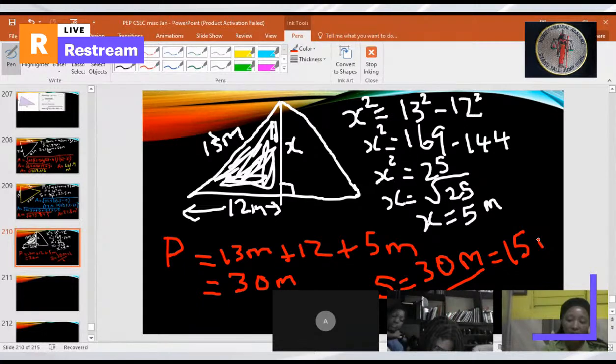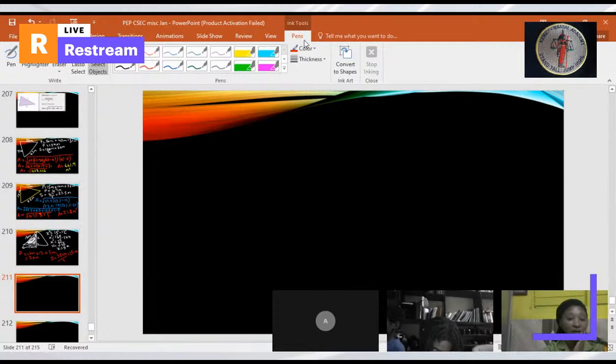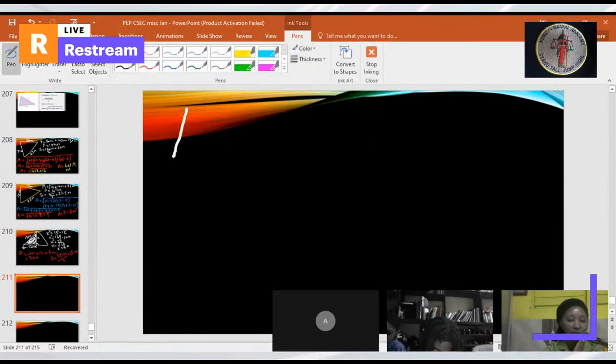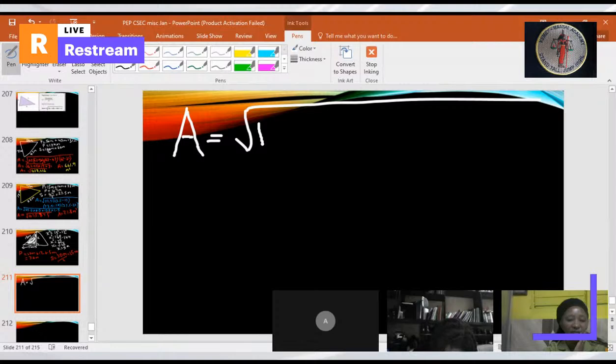All right, what's the next step? The next step would be putting all the sides in the equation. Then you subtract them. So the area would be Heron's formula. The square root of the semi-perimeter, which was what? 15.